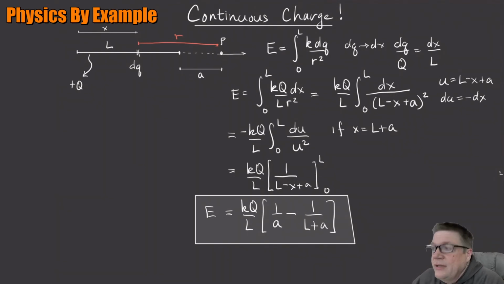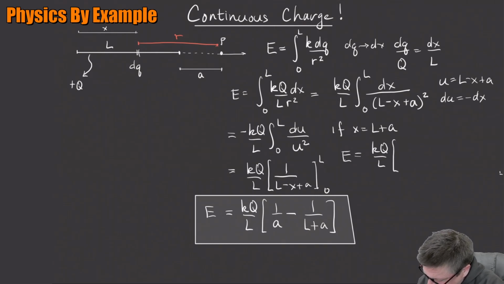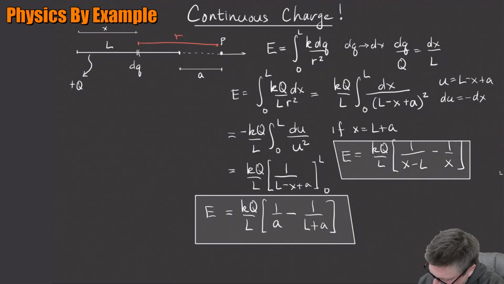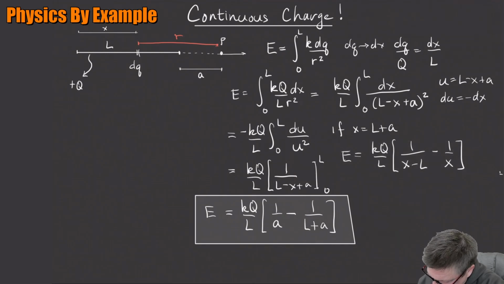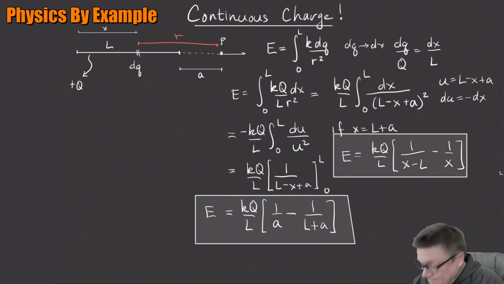So if that's true, then this would just be written like this: kQ over L, times 1 over A, which is 1 over x minus L, minus 1 over x. I suppose you could write it like that. Oops. Goodness, that looks terrible. That's a better box. Anyway, you can write it a number of different ways.